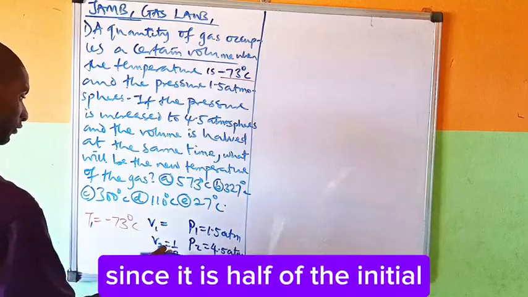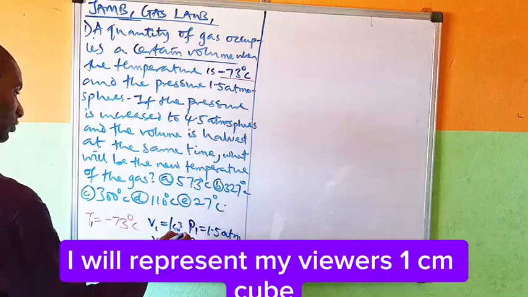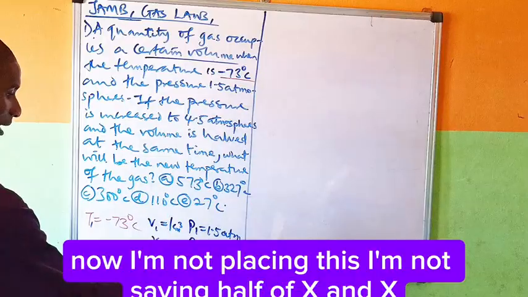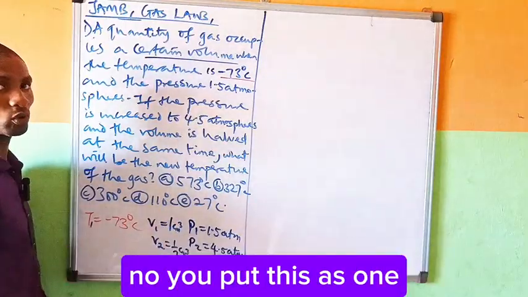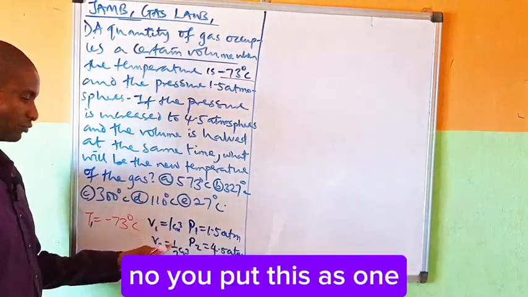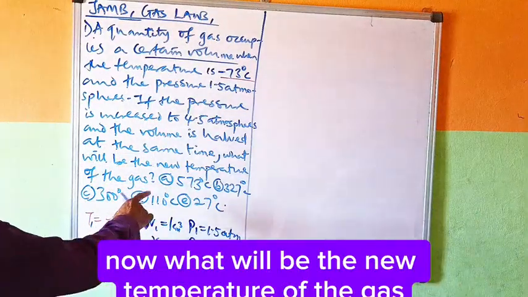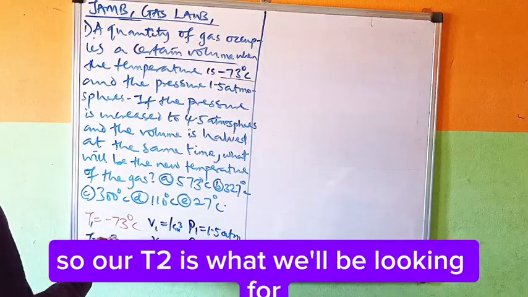Since it is half of the initial, I will represent my V1 as 1 centimeter cube. So look at what I've done now. I'm not saying half of X and X. No. You put this as 1, put this as half. Now, what will be the new temperature of the gas? So our T2 is what we'll be looking for.